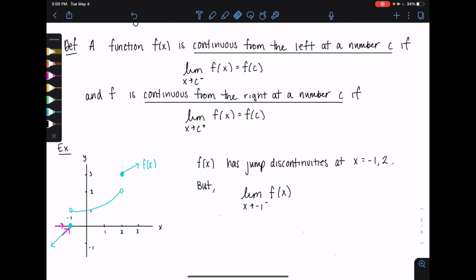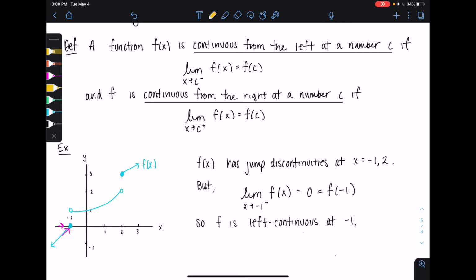When I approach -1 from the left side of my function, it goes to 0, and that is the exact output at -1. So we can say f is left continuous at -1. Definitely not continuous, though, because of that jump.